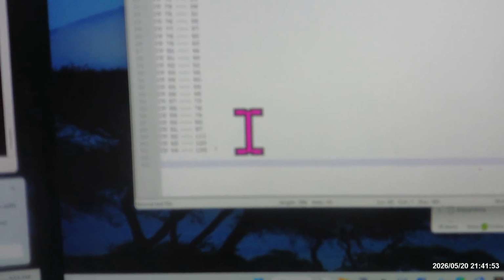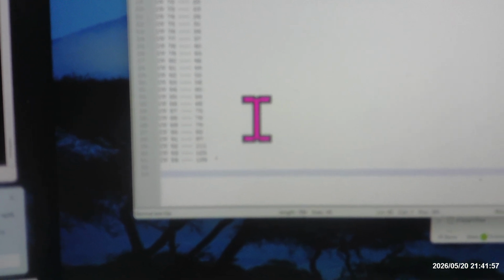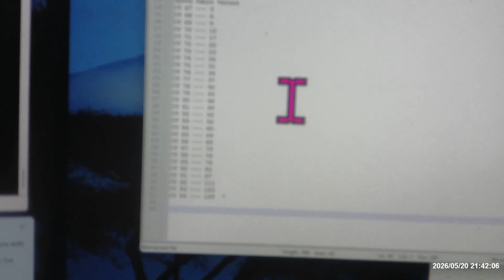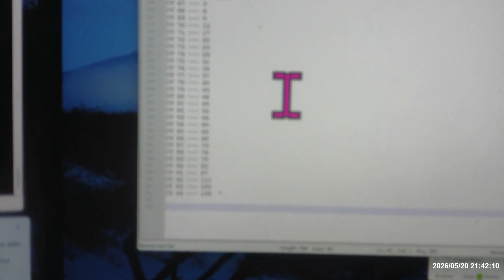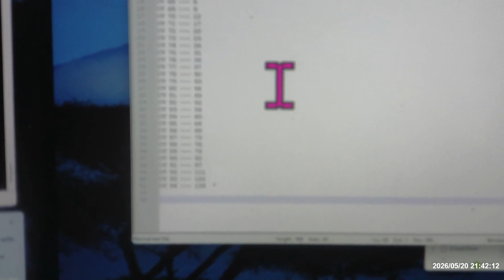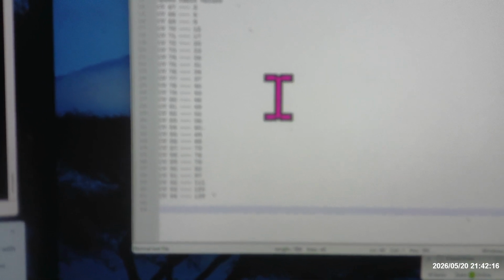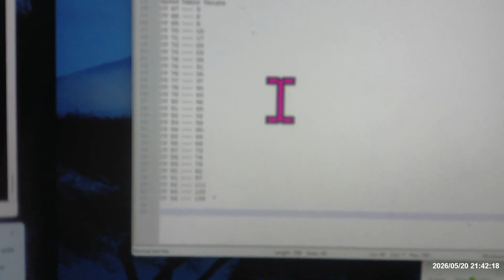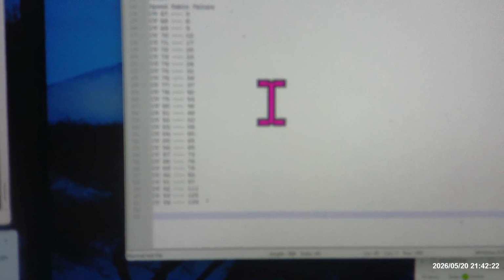What I was doing was going into Decoder Pro and reading all the CVs on the decoder, and CV 67 through 94 had some weird results when I did read the full sheet.